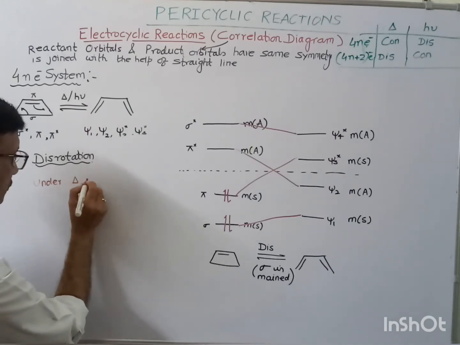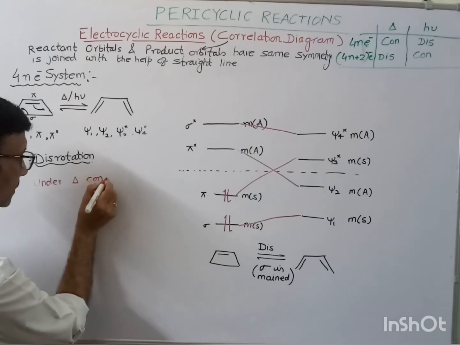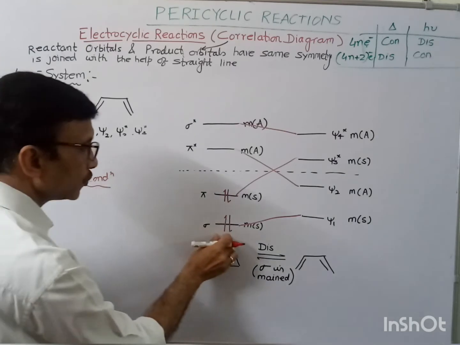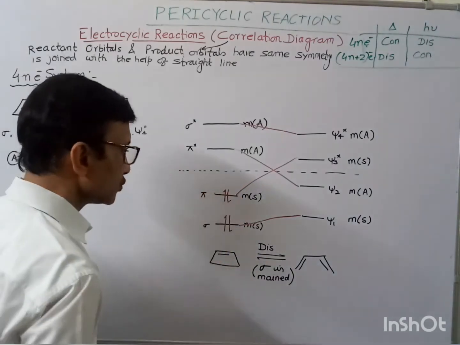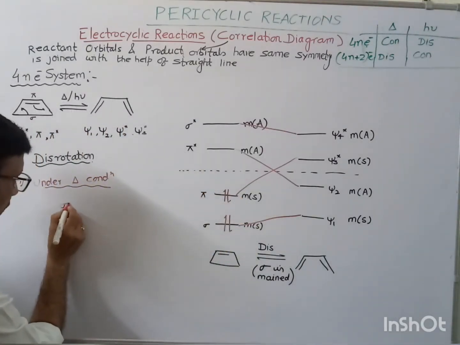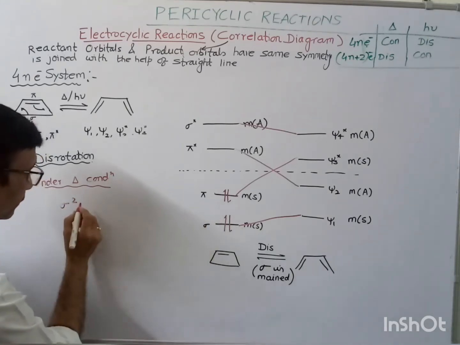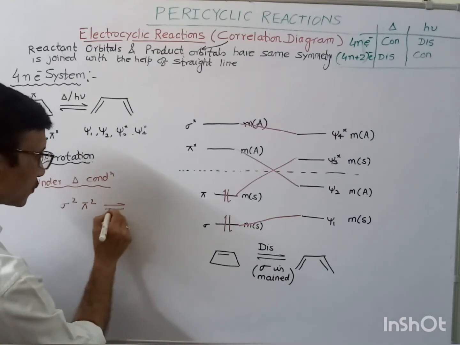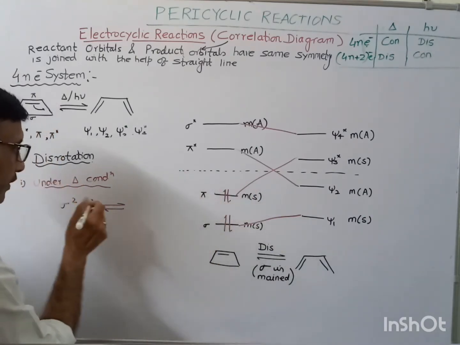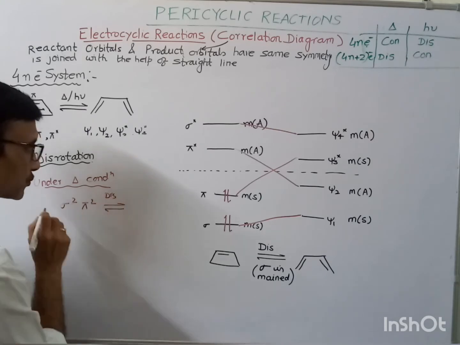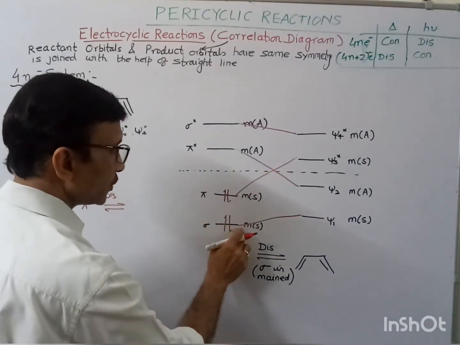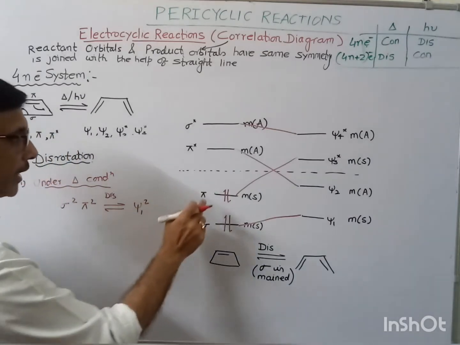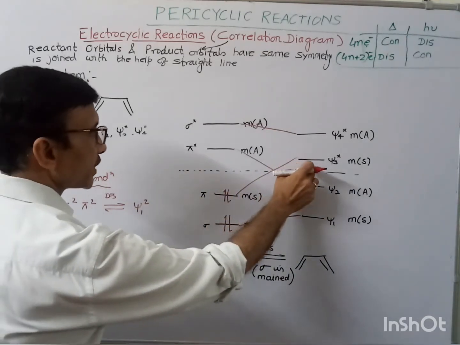So let's see for the thermal condition. Under thermal condition, 2 electrons are present in the ground state. In sigma 2 electrons are present, in pi 2 electrons are present. So during this rotation, these 2 electrons are going into psi 1 and these 2 electrons are going into psi 3 star.